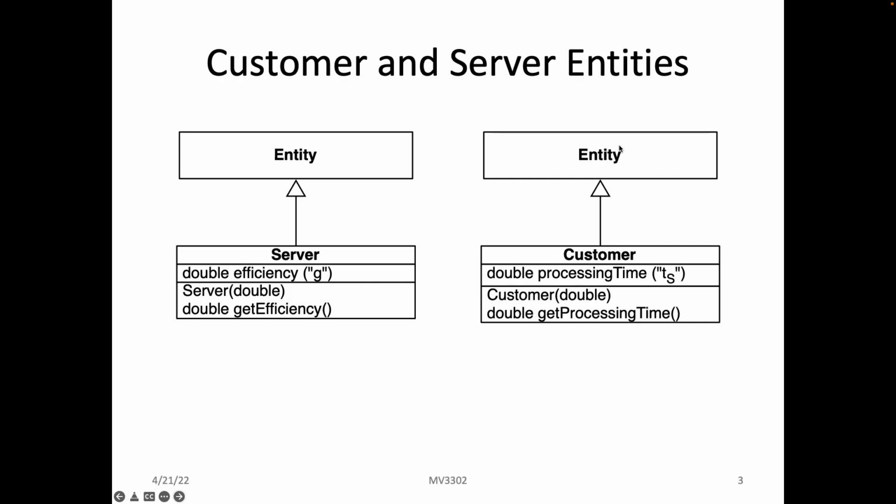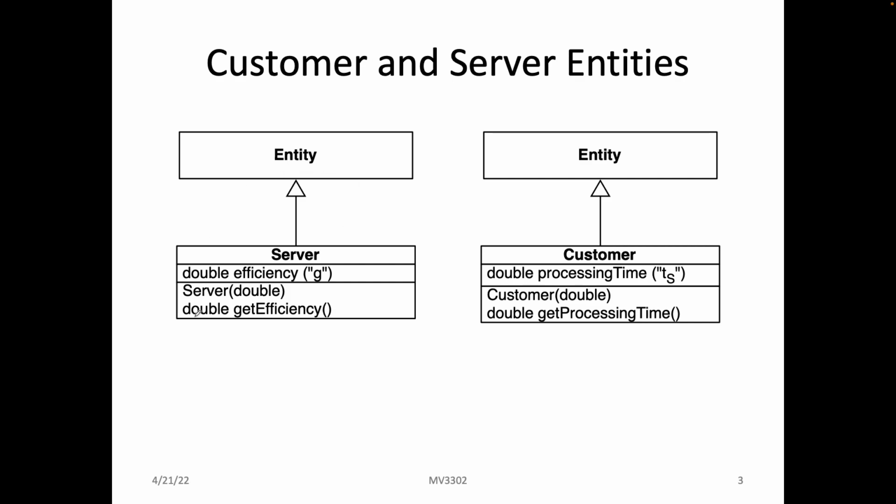So in particular, the timestamp, which is what its default comparator uses, and then it carries around just a processing time. So again, we've moved the processing time, or the service time, from the server piece to the customer, and this is what we've traditionally called T sub S, for service.